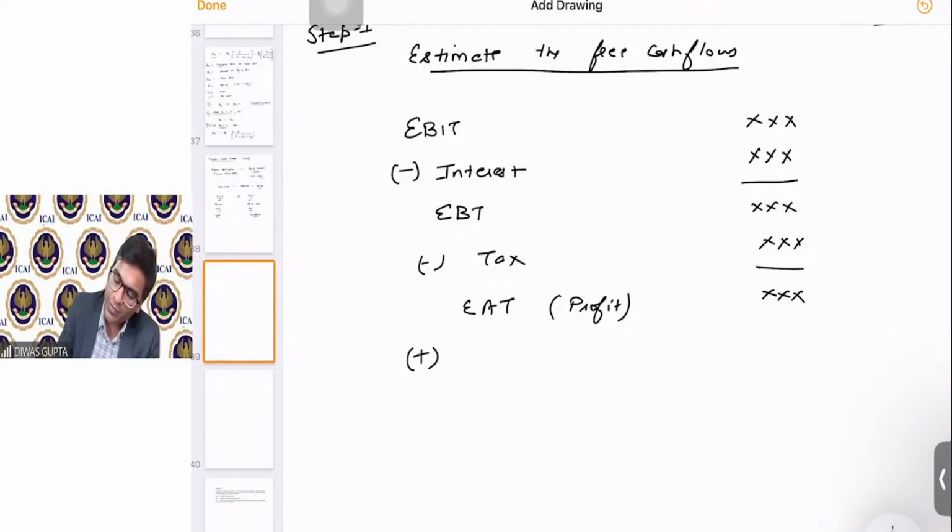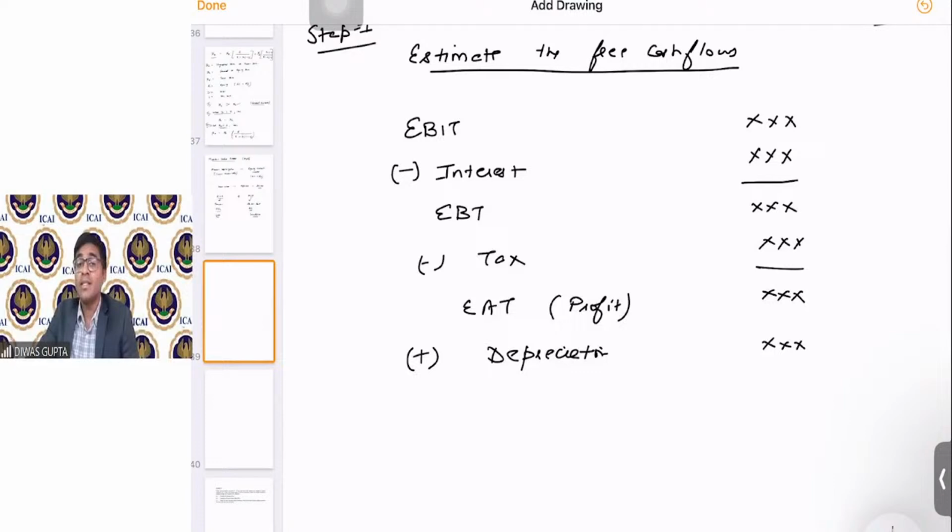In this, we first of all add back the depreciation. Whatever is my depreciation, because depreciation is a non-cash expense. So this depreciation also needs to be post-tax, right? Because earnings after tax is also after tax.